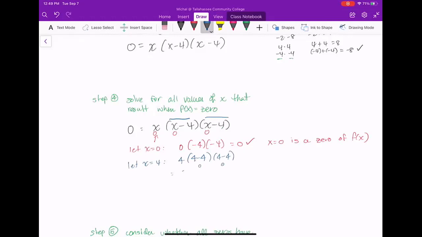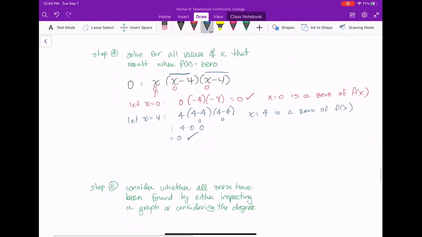So this is the same as 4 times 0, which is equal to 0. So we also get x is equal to 4 as a zero. So my zeros are x equals 0 and 4.